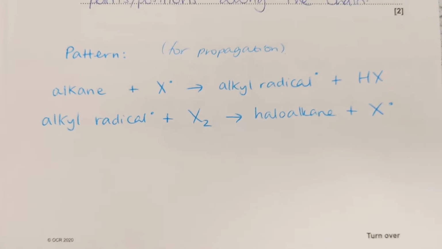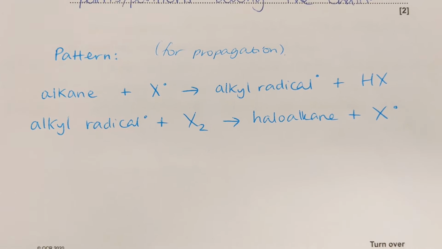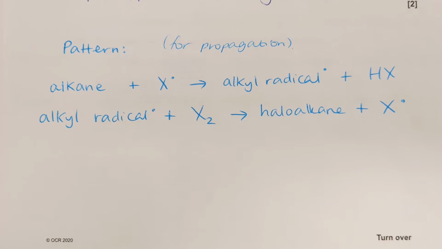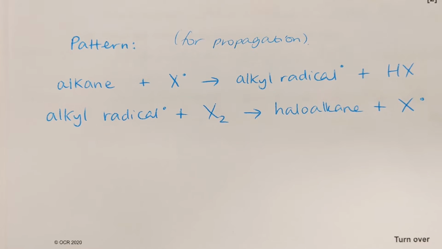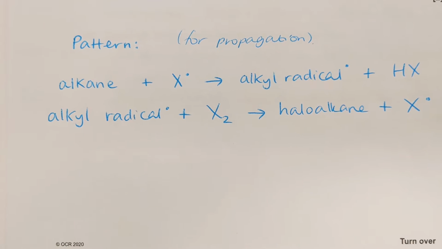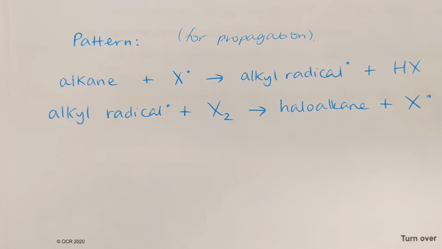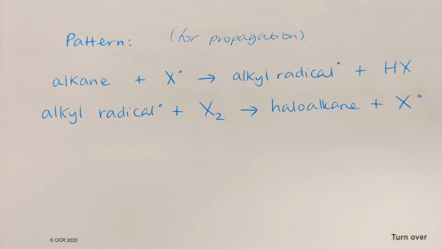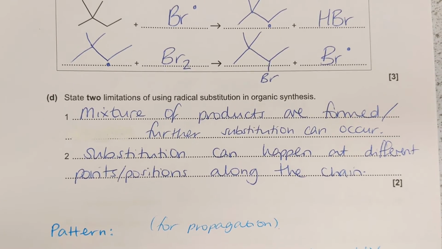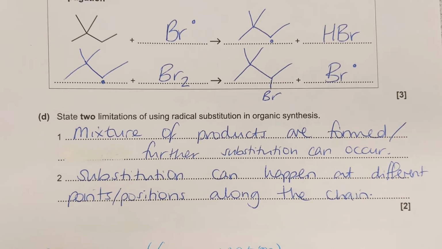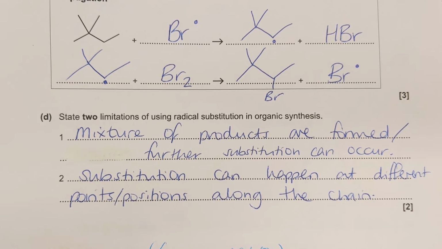So we've got the hydrocarbon reacting with a halogen radical to give us an alkyl radical and the hydrogen halide. And then we have that same alkyl radical reacting with another molecule of the halogen to produce the haloalkane and a halogen radical.